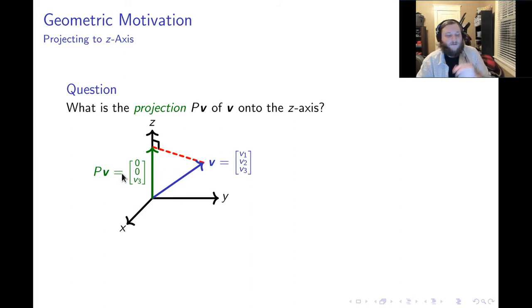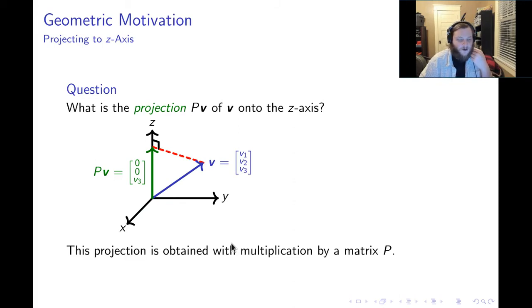That's to say, when I project (v1, v2, v3) onto the z-axis, I'm producing the vector (0, 0, v3). And the thing that I want to point out here is that once we identify this on the level of coordinates, we realize that we can accomplish this with a matrix. So this projection is obtained with multiplication by a matrix P.